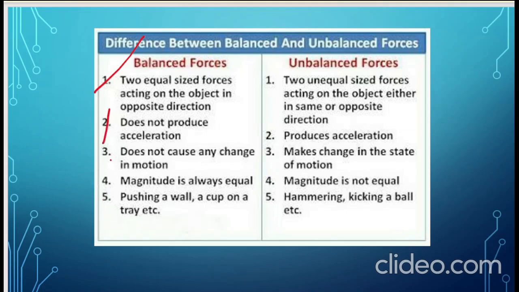Third point: there is no motion in balanced forces. In unbalanced forces, there is a change in state of motion. Magnitude of forces is not equal in unbalanced forces, and magnitude of forces is equal in balanced forces.